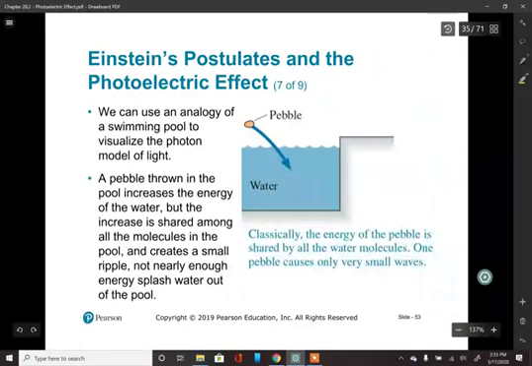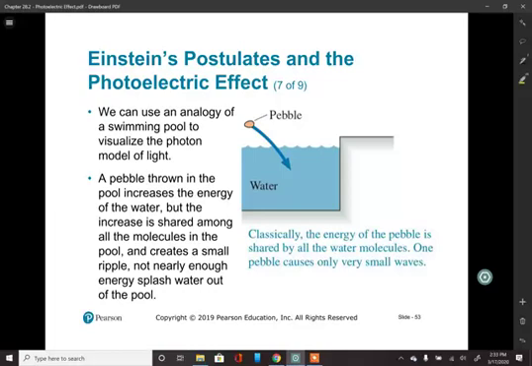So this next bit is just a really fast visual analogy of why quantum mechanics is weird. If you throw a pebble into water, it makes a splash, and the wave travels outward, and a ton of water molecules get a tiny, tiny increase in energy. But that's the classical view.